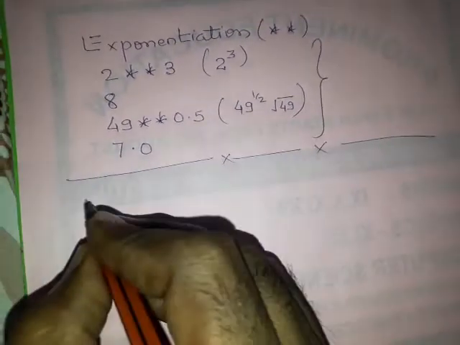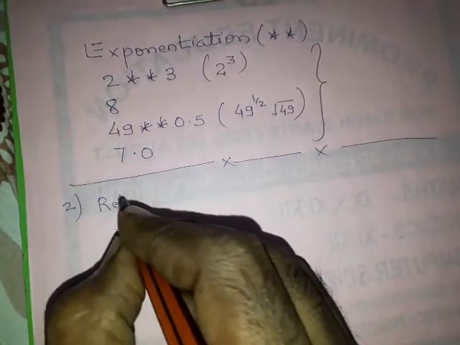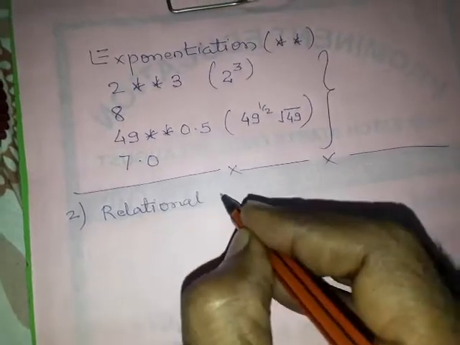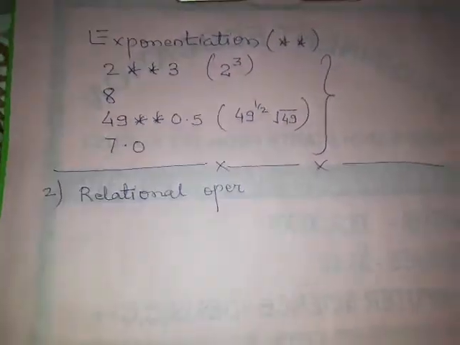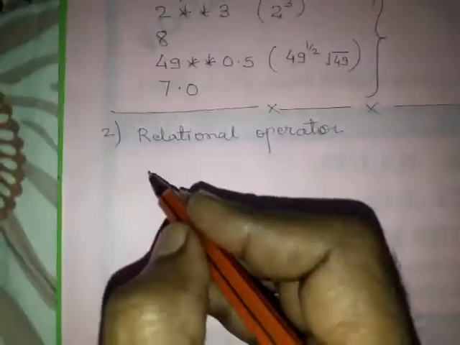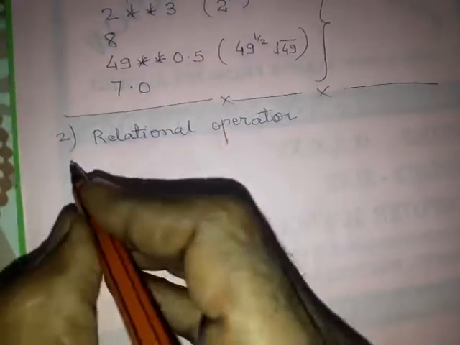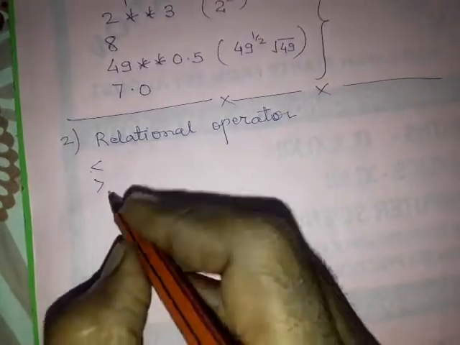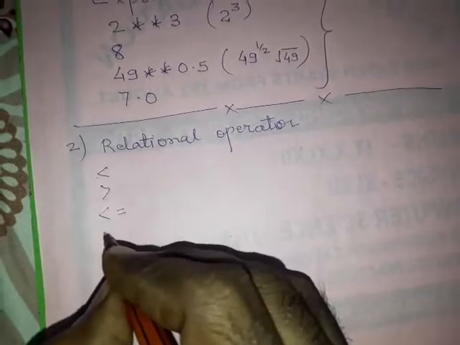Now our another form of operator is relational operator. There are several types of relational operator, such as less than, greater than, less than equal to, greater than equal to, equal to, and not equal to.